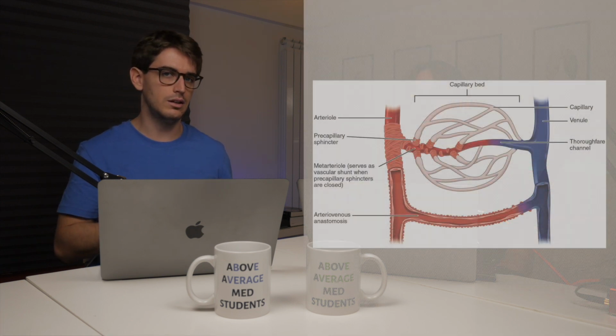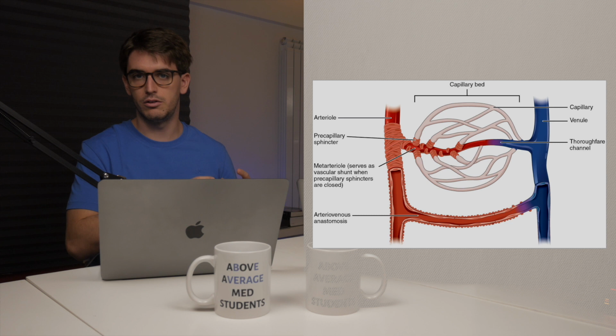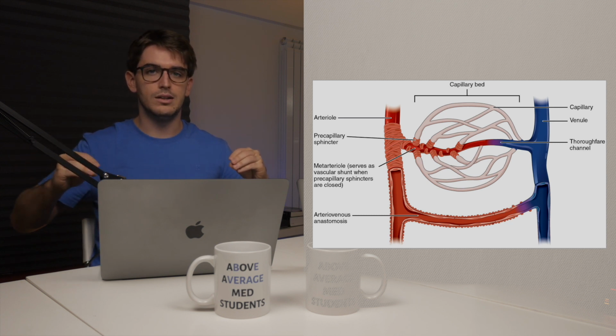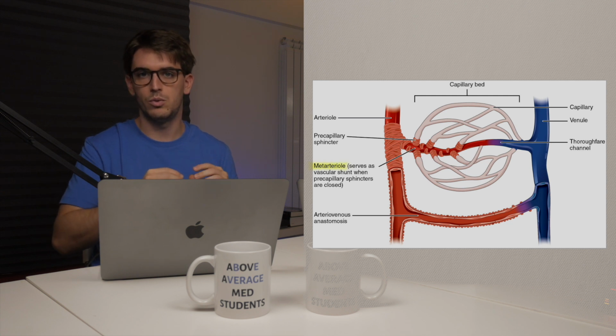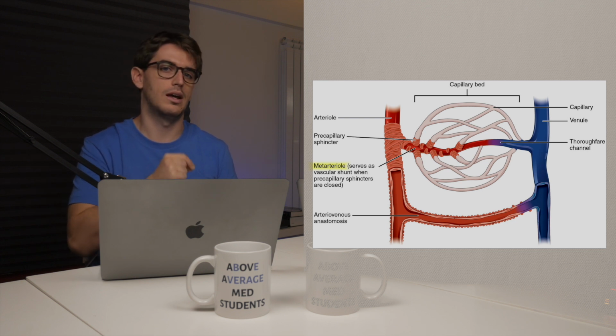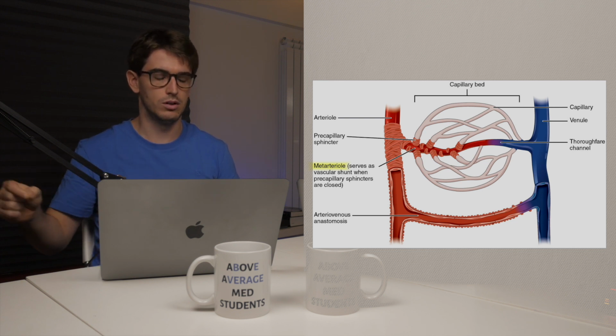And before going into detail as to how and why they are so good at this diffusion of substances, you should know that they can branch either directly from arterioles and then reconnecting into venules, or they can branch from meta-arterioles, which are these vessels that travel in a straight line, forming a direct communication between an arteriole and its venule.